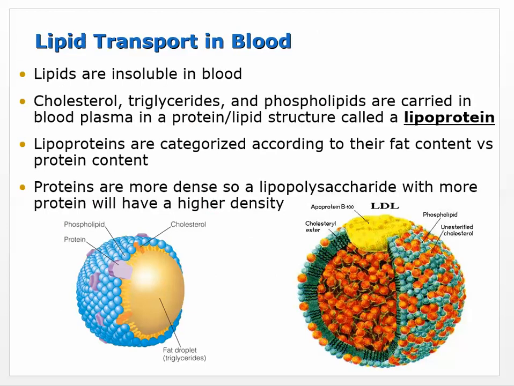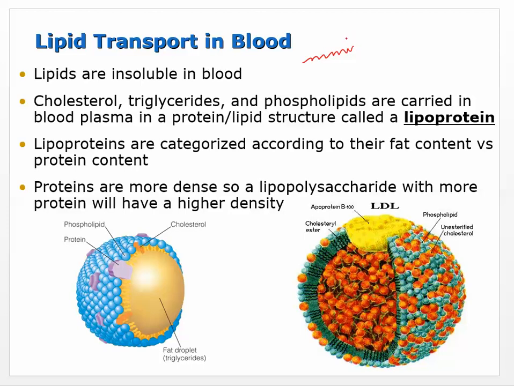Okay, so to talk about hyperlipidemia, we kind of need to understand what the lipids are and how they're moving through the blood. So a lipid is usually some kind of a hydrocarbon, but if you understand anything about solubility, you know that hydrocarbons tend to be very insoluble.